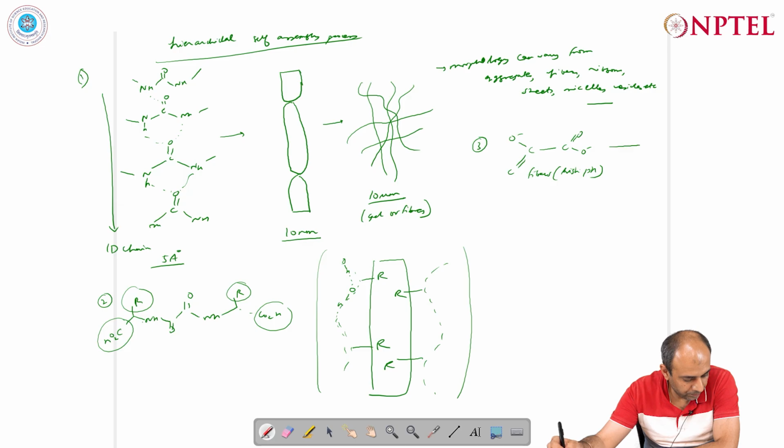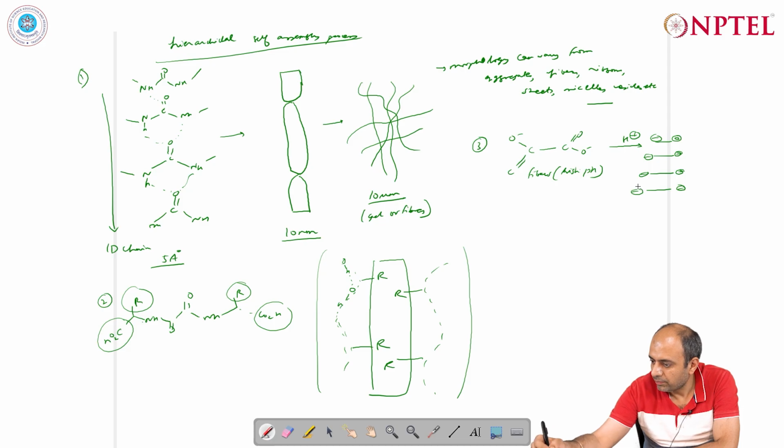And now when you add protons, let us represent these anionic species here. So this forms these stacks of anions.